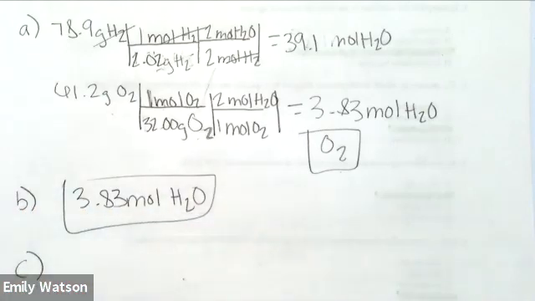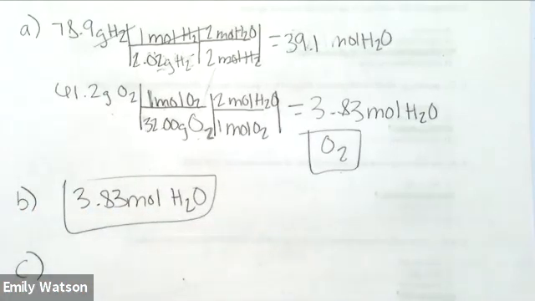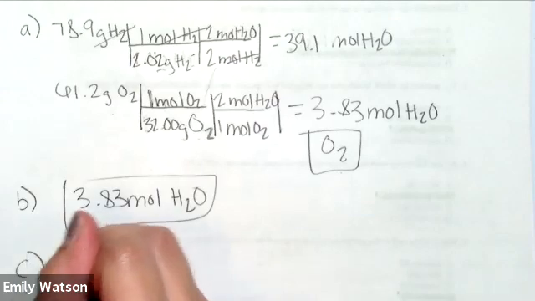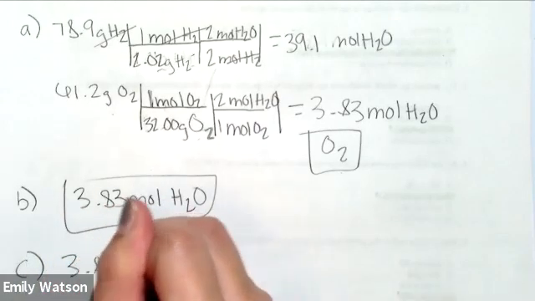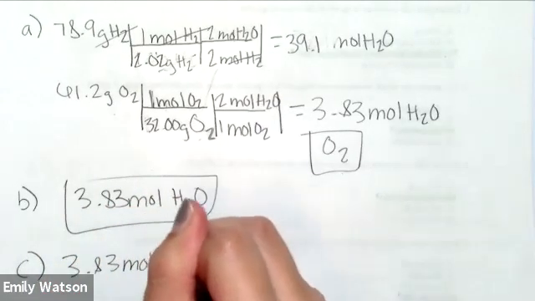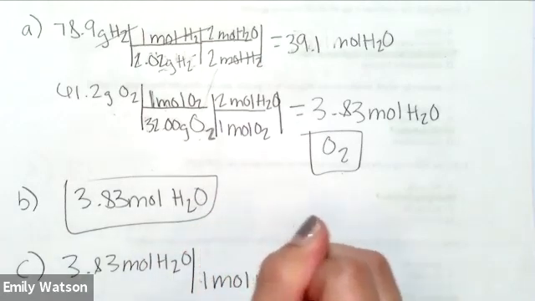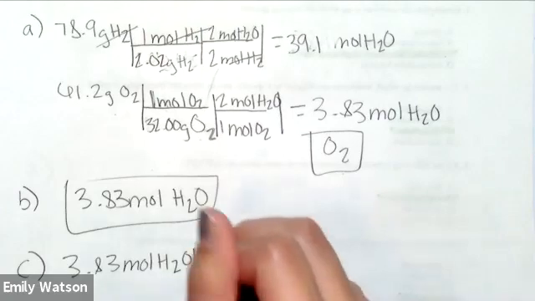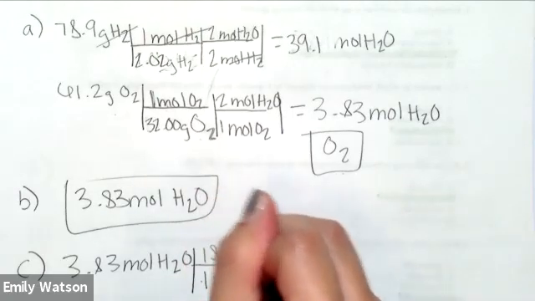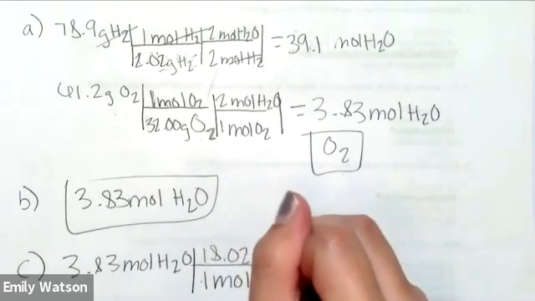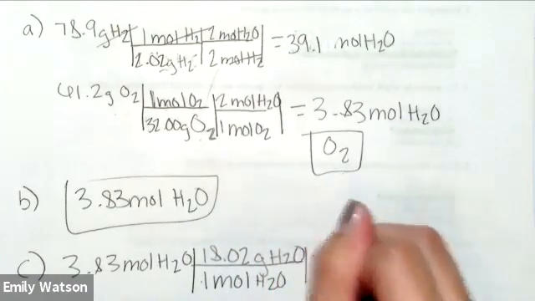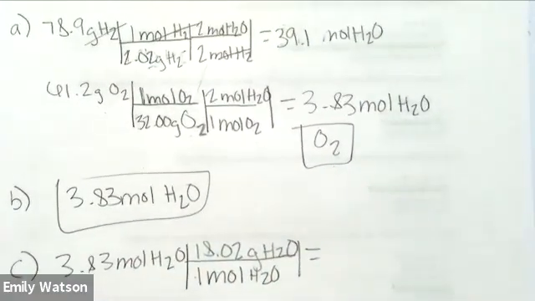How many grams of water are produced? So this is just moles to grams. We're starting off with 3.83 moles of water. Then 1 mole of water is equal to how many grams? 18.02 grams of H2O. So how many grams of water do we get?